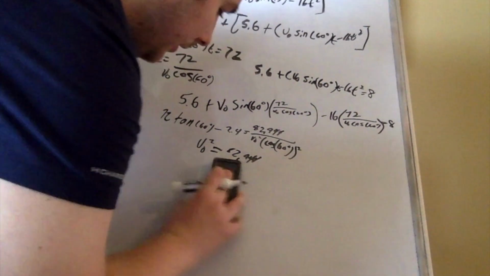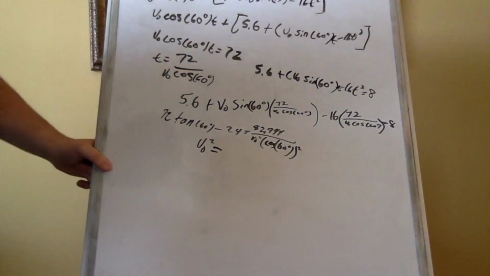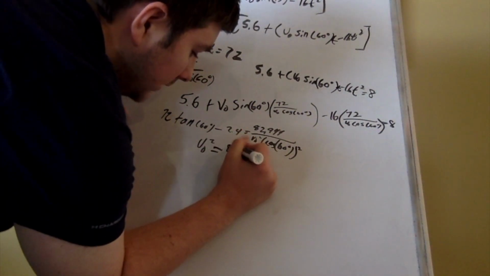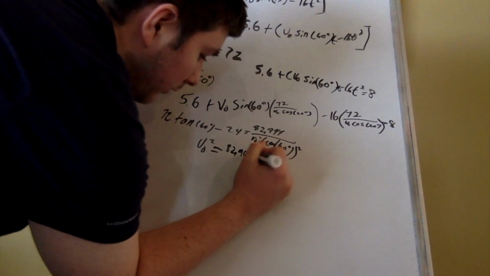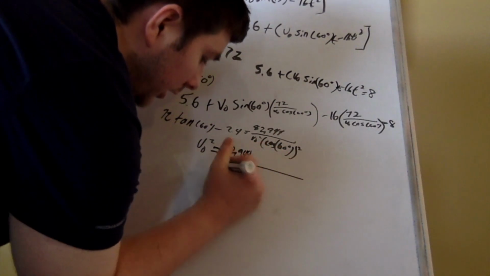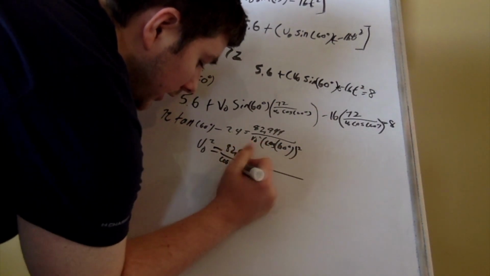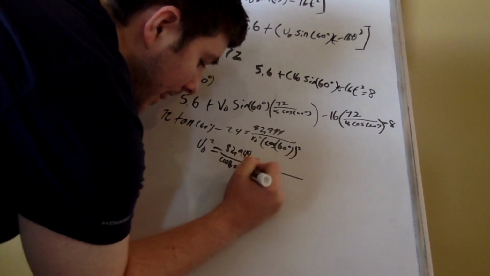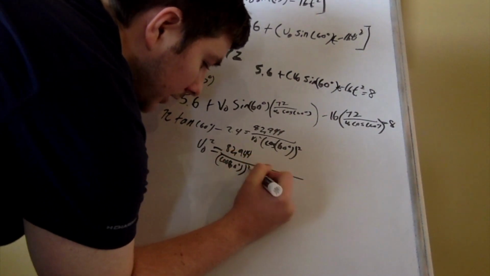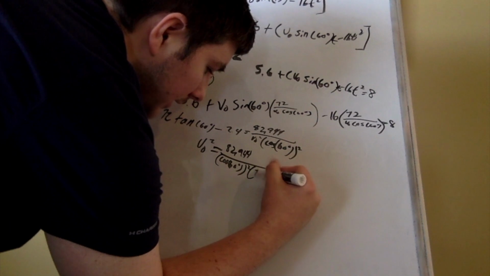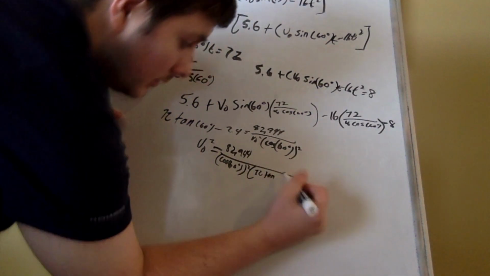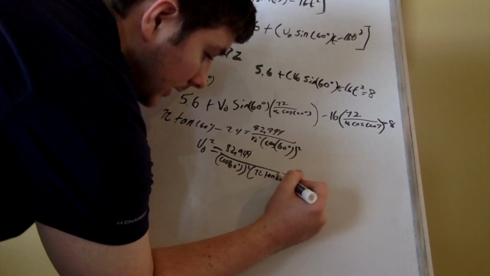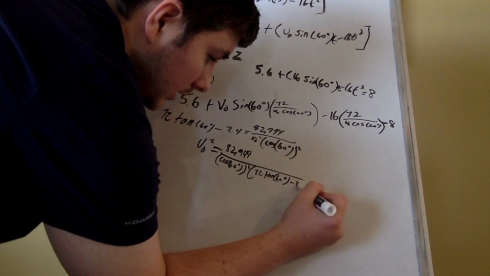So let me erase this and write it straight across. So this is going to be 82,944 over cosine 60 degrees squared times 72 tan 60 degrees minus the 2.4.